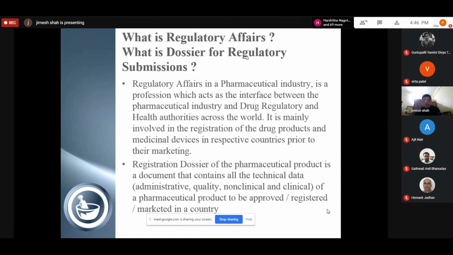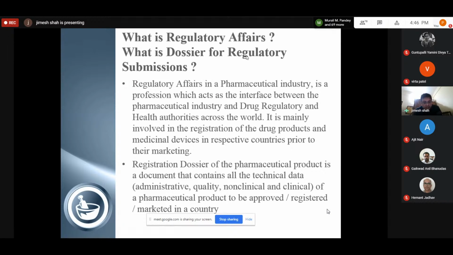The document which we provide to the authority as per the ICH format is called a dossier. The registration dossier of a pharmaceutical product is a document that contains all the technical data, which is administrative, quality, non-clinical, and clinical, which is approved, registered, and marketed in a country.